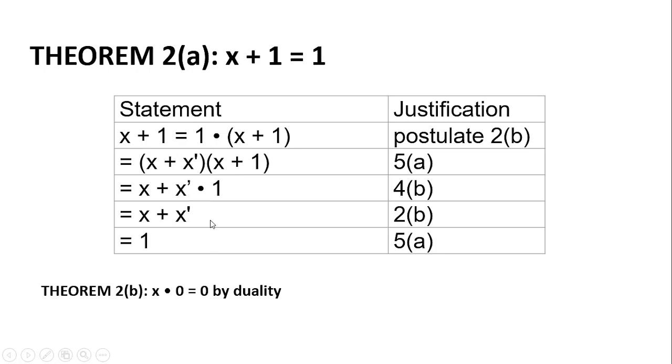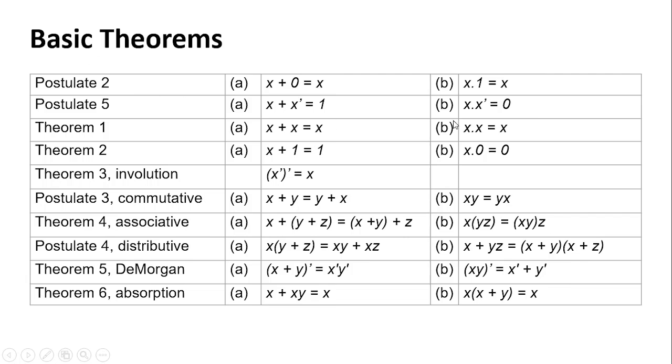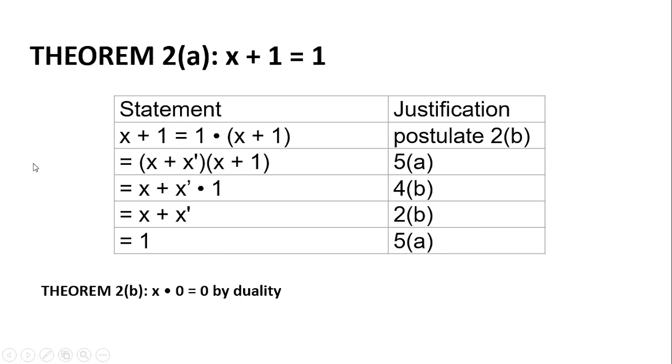What is x plus x bar? According to postulate number 5, it is 1. So you replace it with 1. What you get here is x plus 1 is equal to 1. Now what's the dual of it? The dual is simple. You replace the plus with the dot, and 1 with 0. So what you get is x dot 0 is equal to 0.